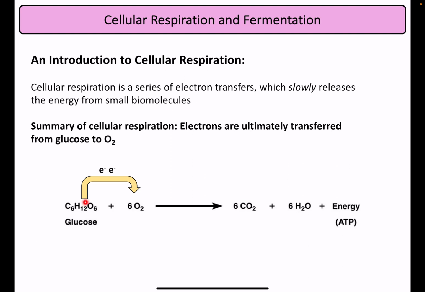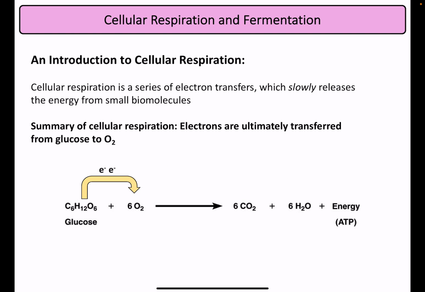We're going to break bonds on glucose and strip away its electrons. And those electrons that get removed are ultimately going to get transferred to oxygen. So if we summarize the whole process of cellular respiration, it can be summarized as such: ripping off pairs of electrons from glucose, from food, and transferring those electrons to oxygen.